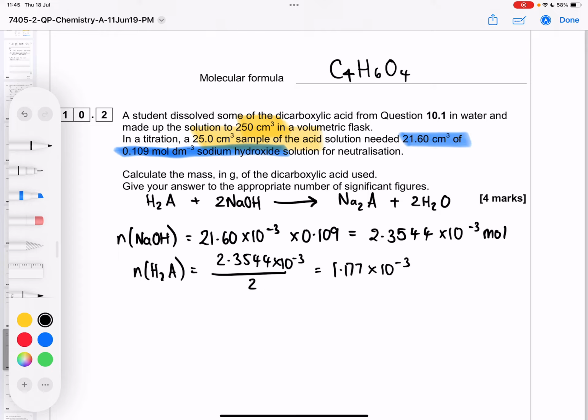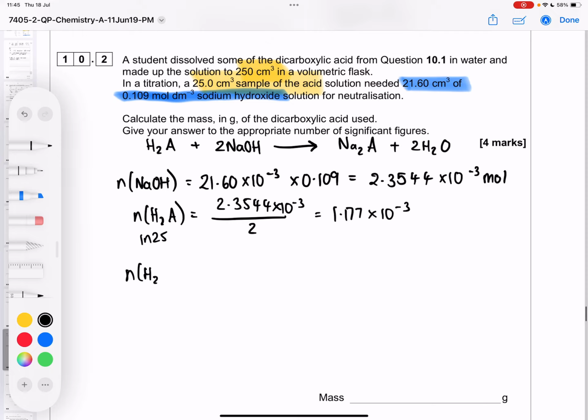But that's in our 25. In our 250 flask, there's twice as much. Not twice as much, 10 times as much.